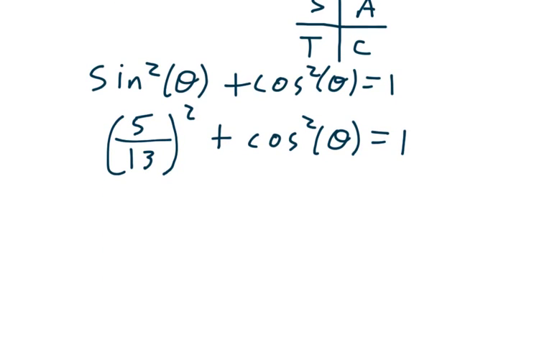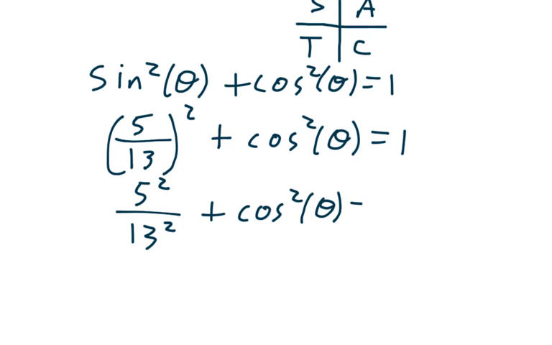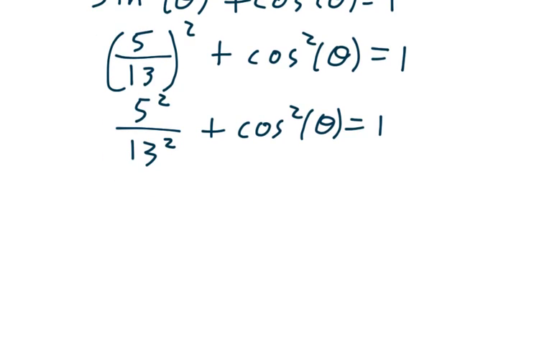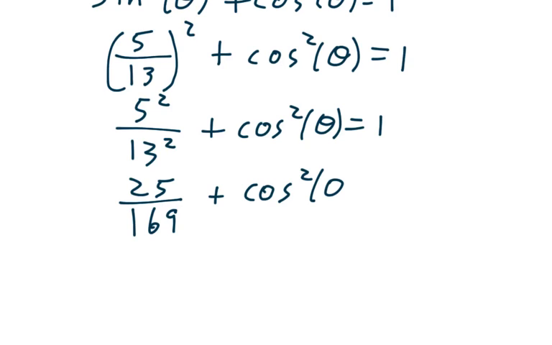So we want to figure out what cosine is. Well, from here, 5 squared over 13 squared plus cosine squared of theta is 1. Now 5 squared over 13 squared is 25 over 169. So this plus cosine squared of theta is 1.